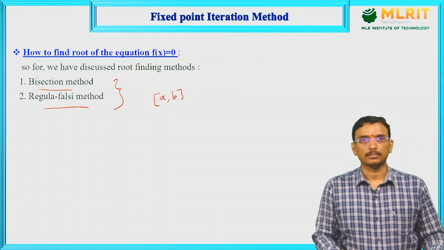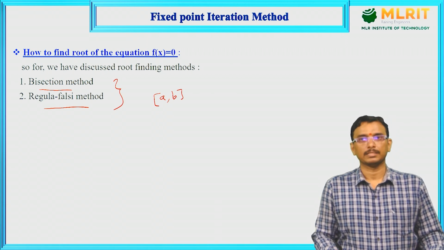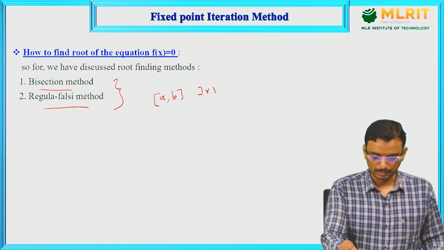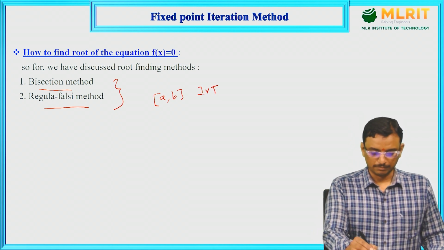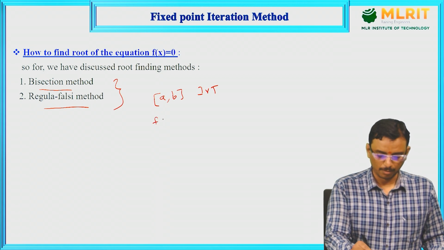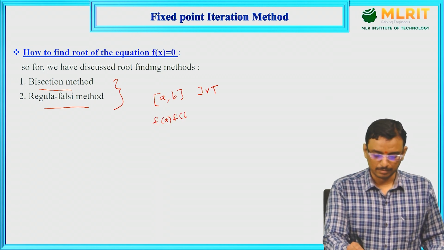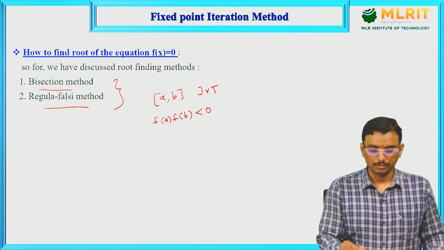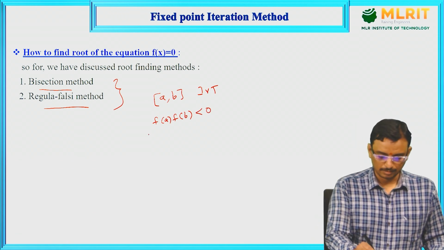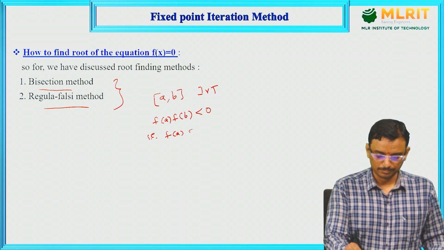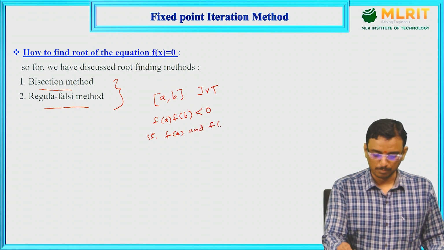and these root finding methods are based on the intermediate value theorem. So what is that theorem? Its functional value f(a) into f(b) is less than 0. That means f(a) and f(b) are of opposite sign.